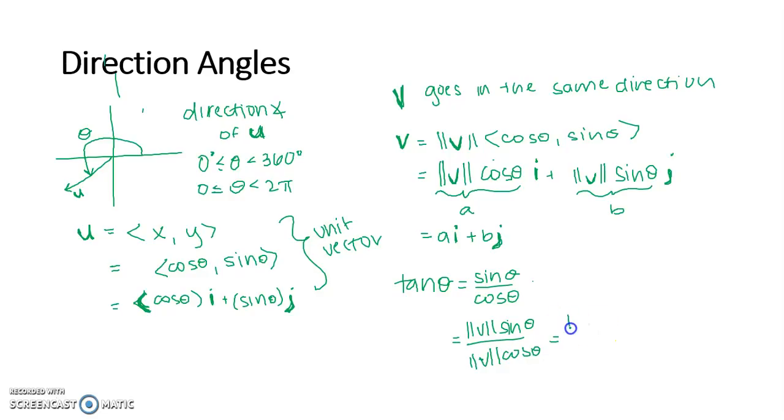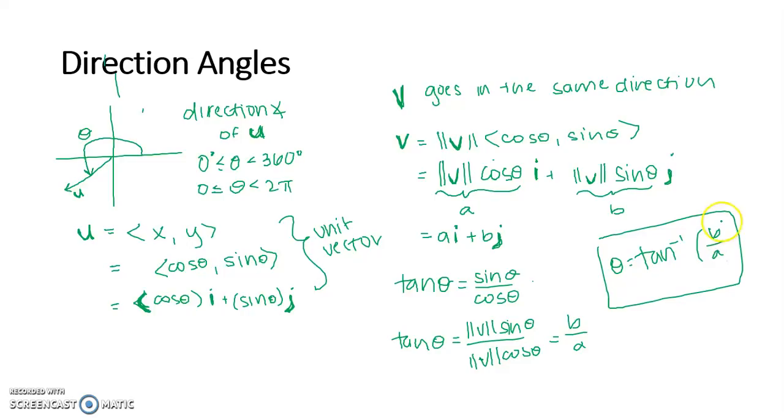So this is essentially b over a. So to find my direction angle, this is like the big kicker here. Your direction angle is tangent inverse, and I'm going to say b over a, but it's just your vertical over your horizontal component, whatever those may be.